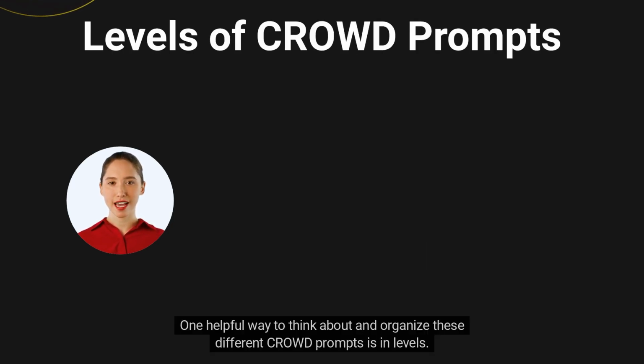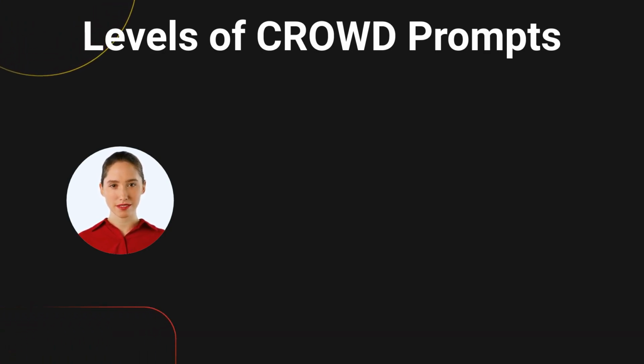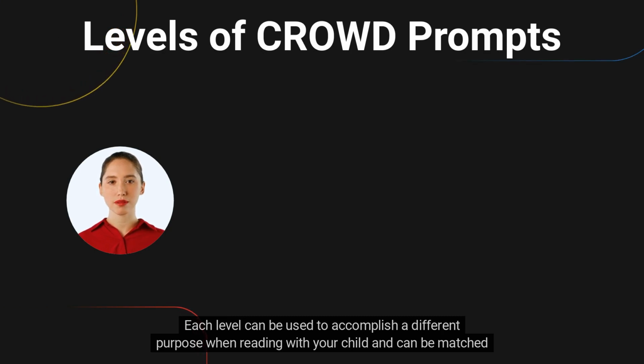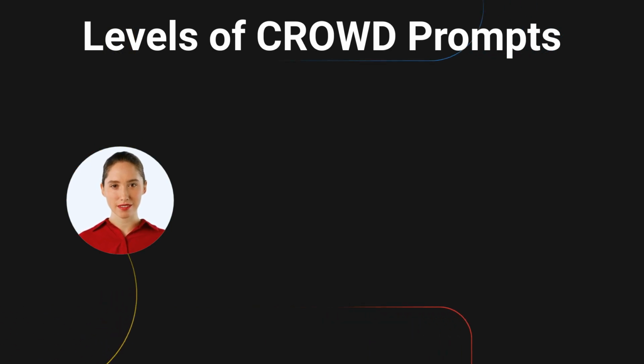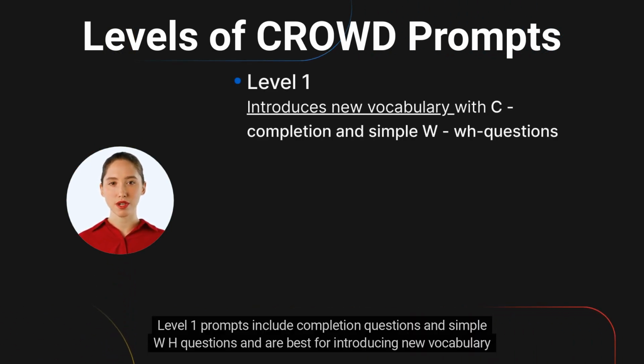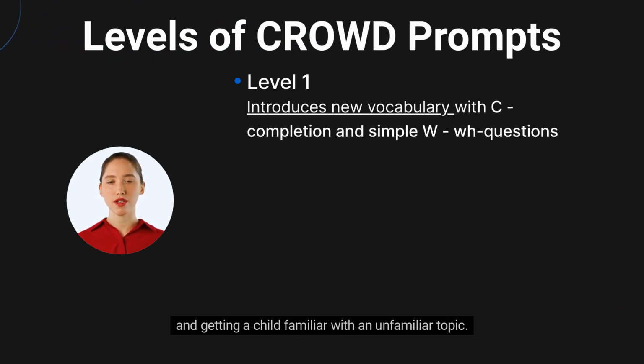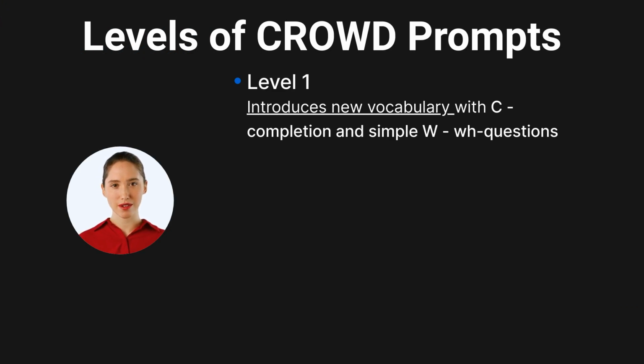One helpful way to think about and organize these different CROWD prompts is in levels. Each level can be used to accomplish a different purpose when reading with your child and can be matched to their needs and abilities. Level 1 prompts include completion questions and simple WH questions and are best for introducing new vocabulary and getting a child familiar with an unfamiliar topic.